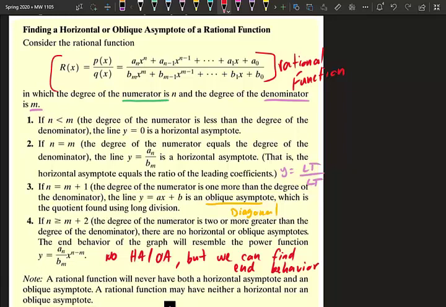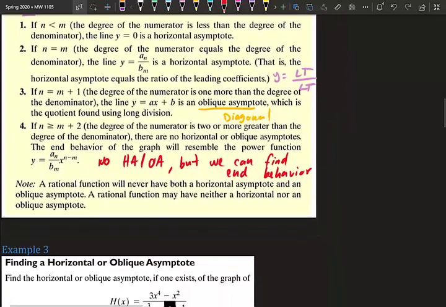They help us guide the graph, just like when we were graphing exponentials, how we had those asymptotes where it never crossed that asymptote. Same thing here. That's going to help us guide that graph. Again, a rational function will never have both a horizontal asymptote and oblique asymptote. It's one or the other.